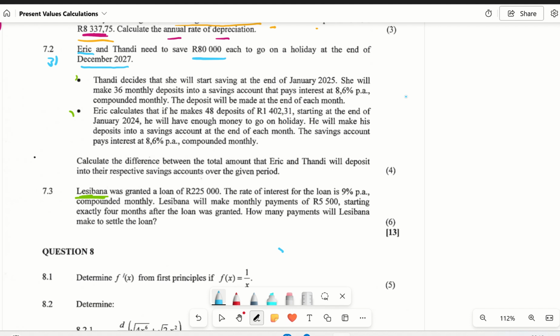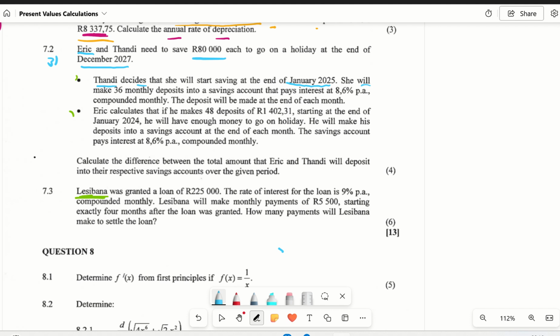Okay. Start with Tandy. Tandy decides that she will start saving at the end of January 2025. You get a feeling that our current time is 1 January 2025. Tandy decides that she will start saving at the end of January 2025.